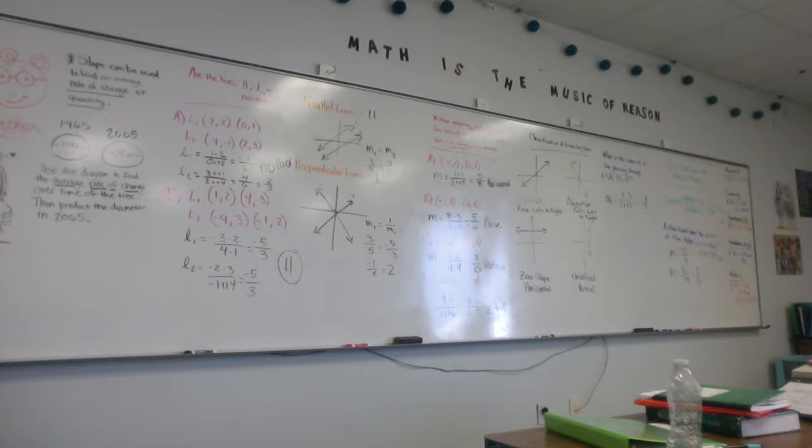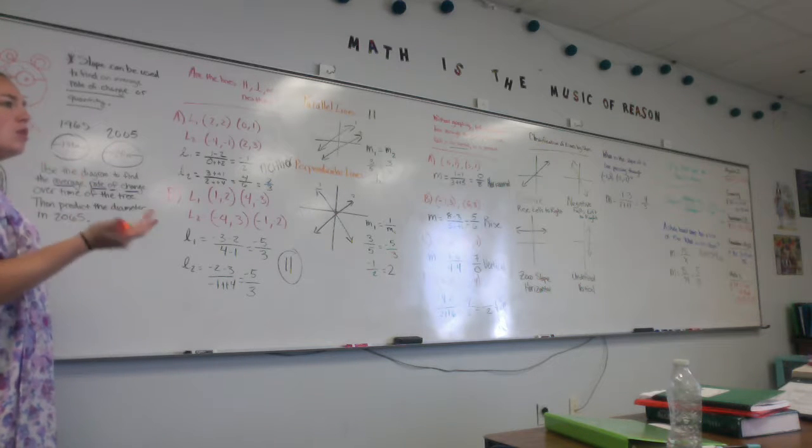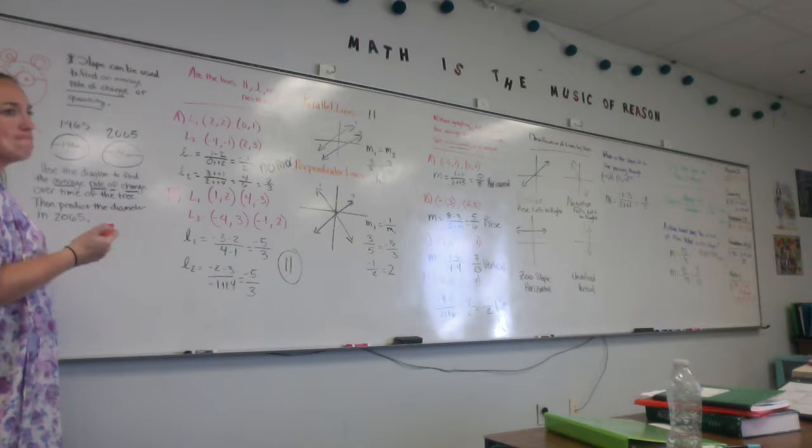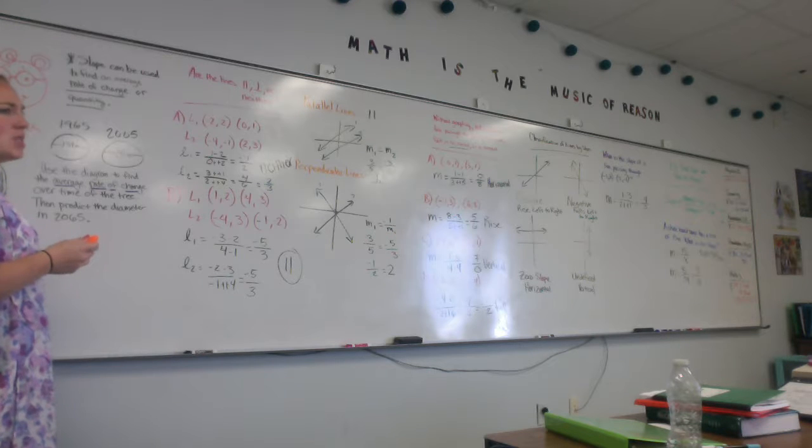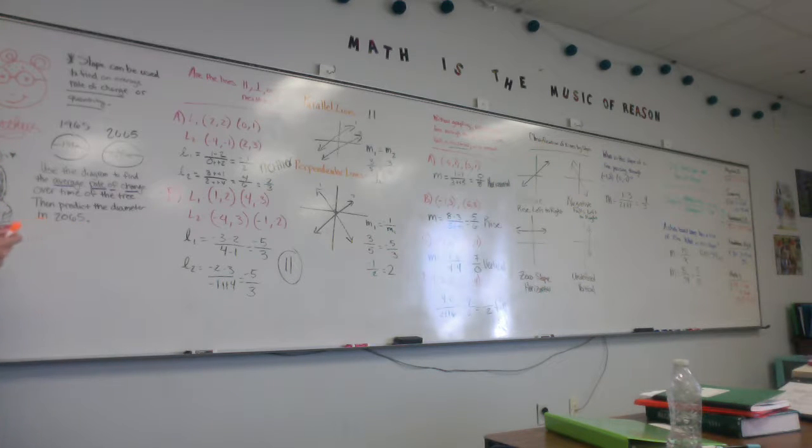How can I figure out what the average rate of change is for that tree? We have to use slope, but what are my points for the slope? What's my x? What's my y? Years, good, Maddie.